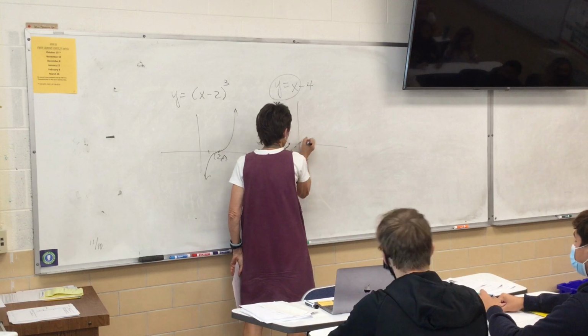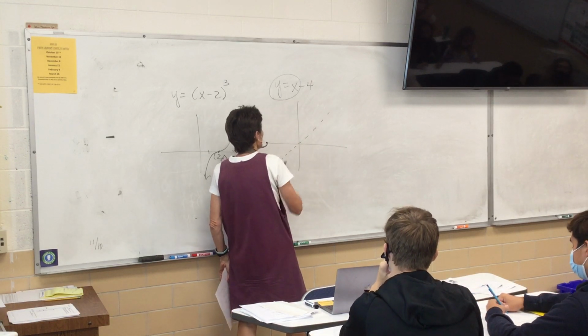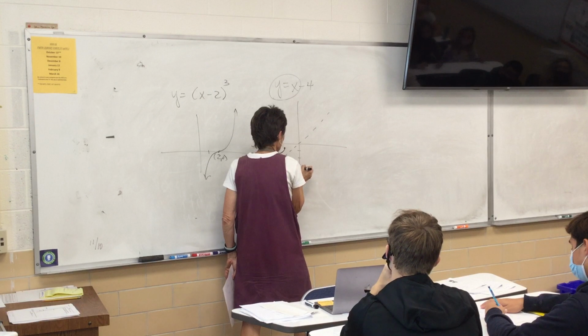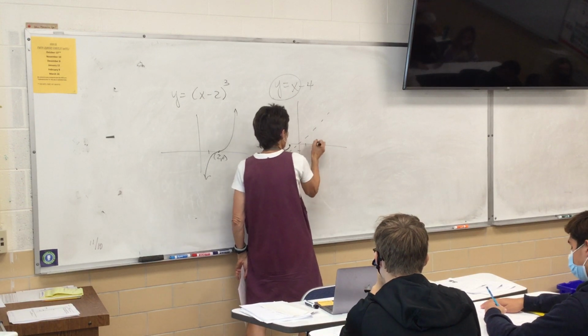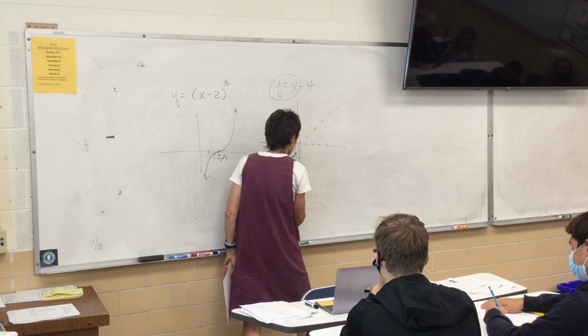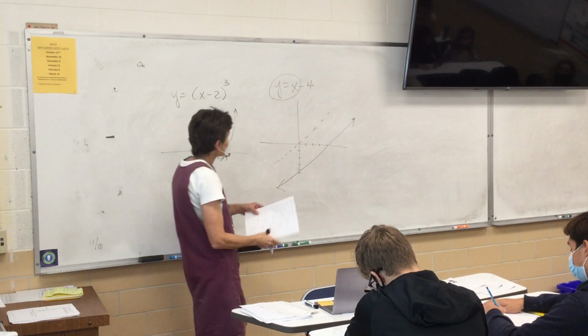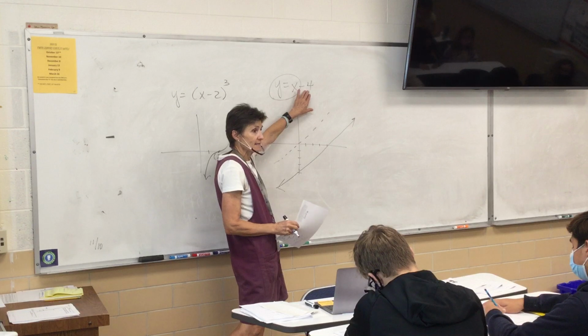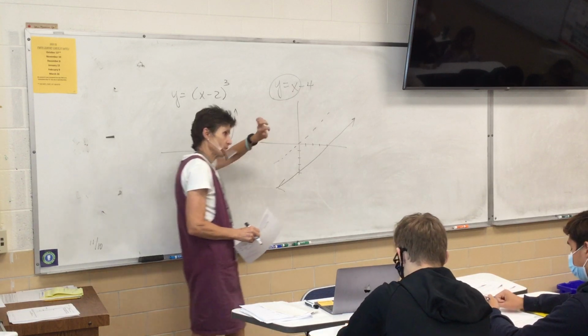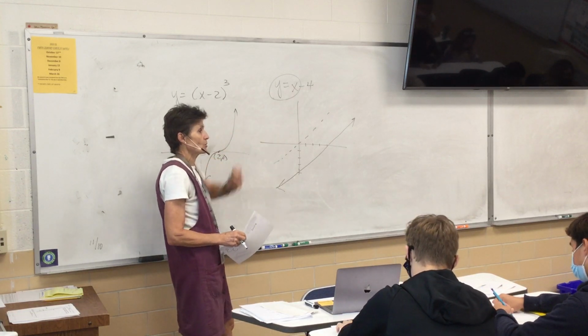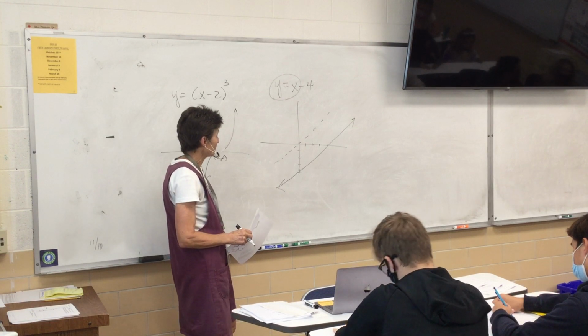Here's your original. If you bring it down 4, or if you take it right 4, aren't you going to get exactly the same line? So I think of it as going down 4. That's how I think of it. But for the linear function, you can also think of it as going right 4.